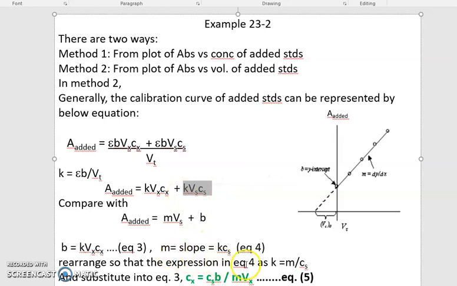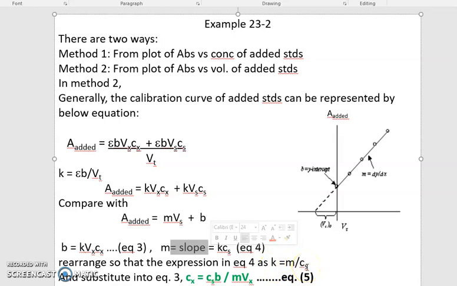From that we can generate the equation form where m equals KCS, and b is equal to this expression. For the next step we will rearrange equation 4 and express k equals m divided by CS.